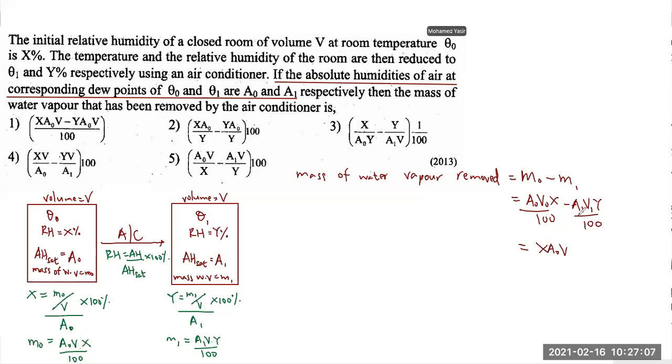Here also the volume should be V, because we didn't change the volume of the room. And then the other one, Y A1 V, and they have taken 100 as the common denominator. Therefore, the answer for this question should be the first one.